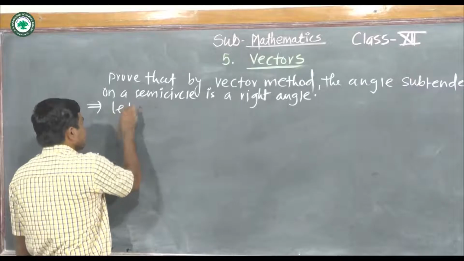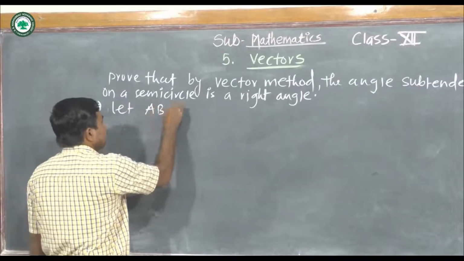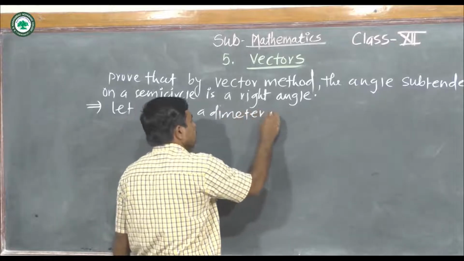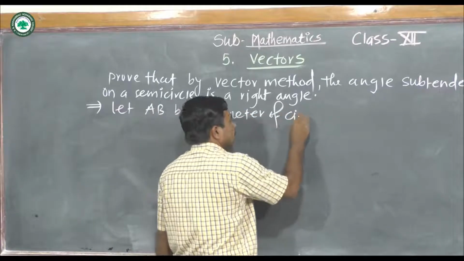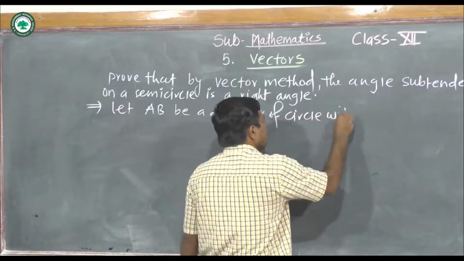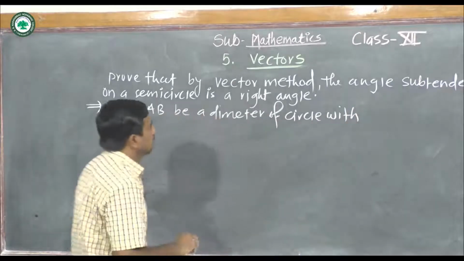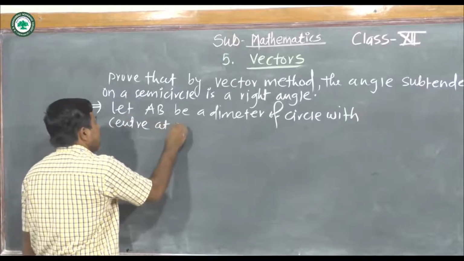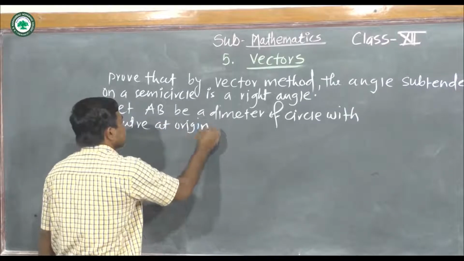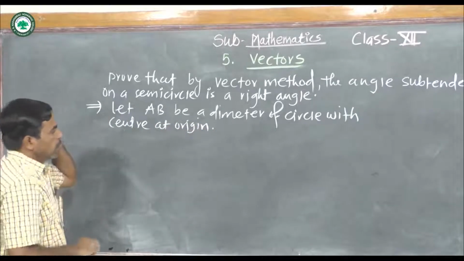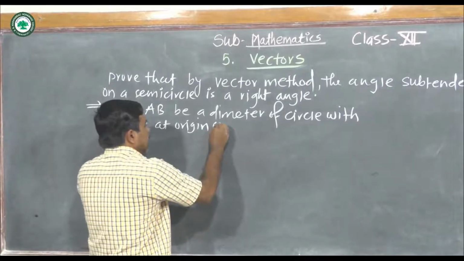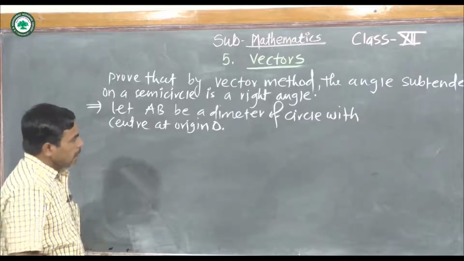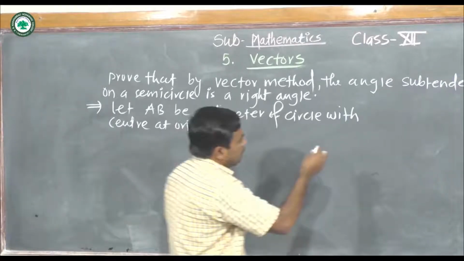Let AB be a diameter of a circle with center at origin O. So this is the circle.